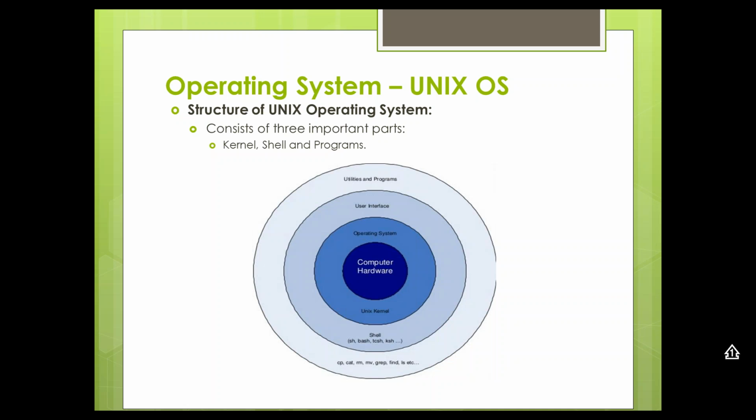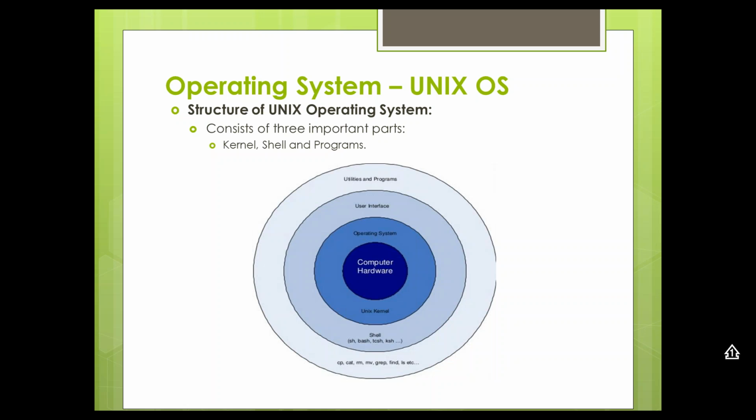Nowadays we have various flavors of Unix. You have Linux, with different flavors of Linux itself, and then we have Mac OS X. We have Solaris as well from Sun Microsystems, which is now Oracle, since Oracle bought Sun Microsystems.